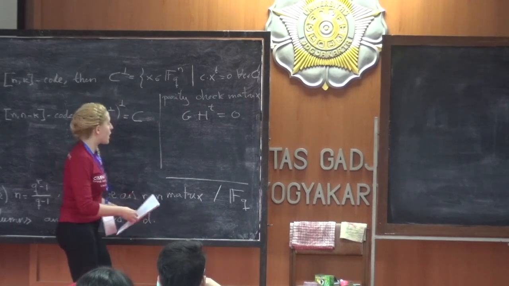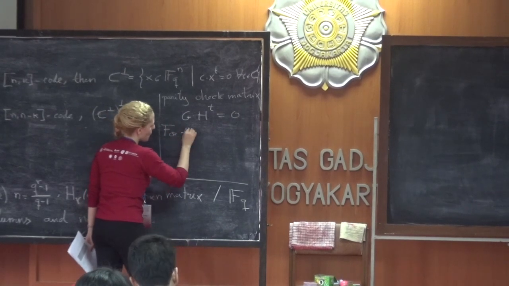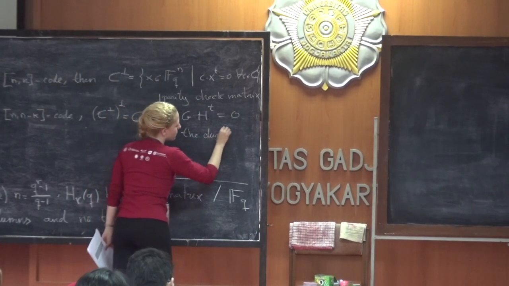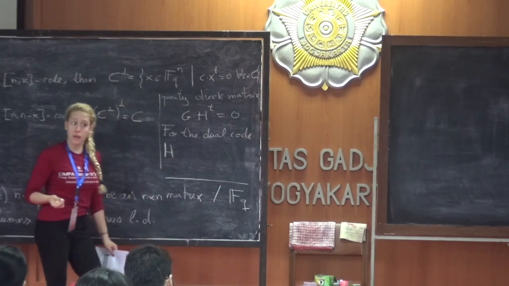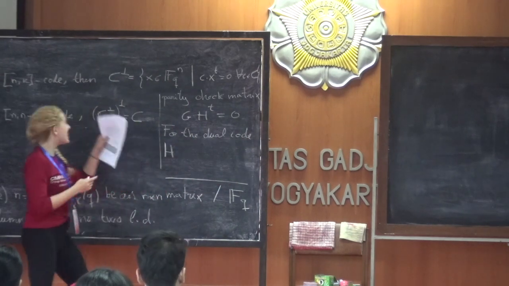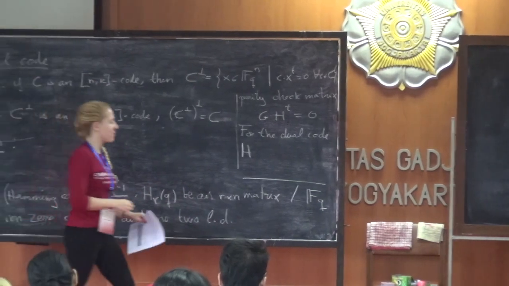So for the dual code, H, the parity check matrix of the initial code C, is a generator matrix.